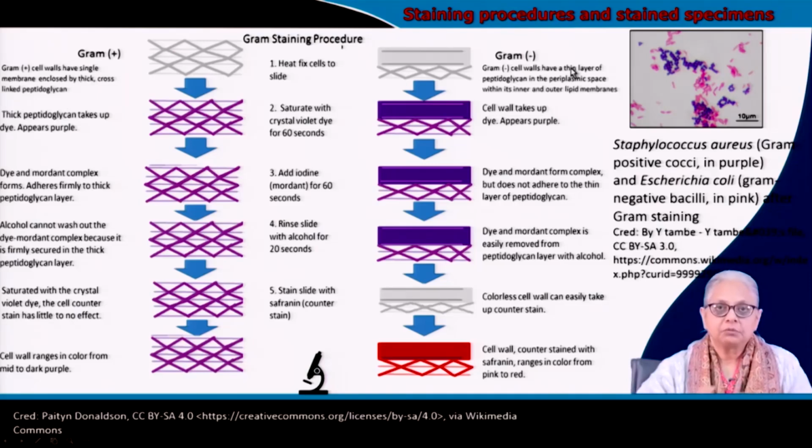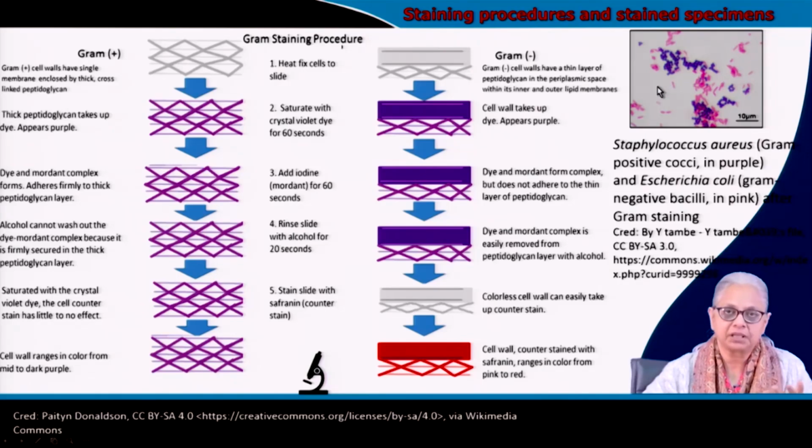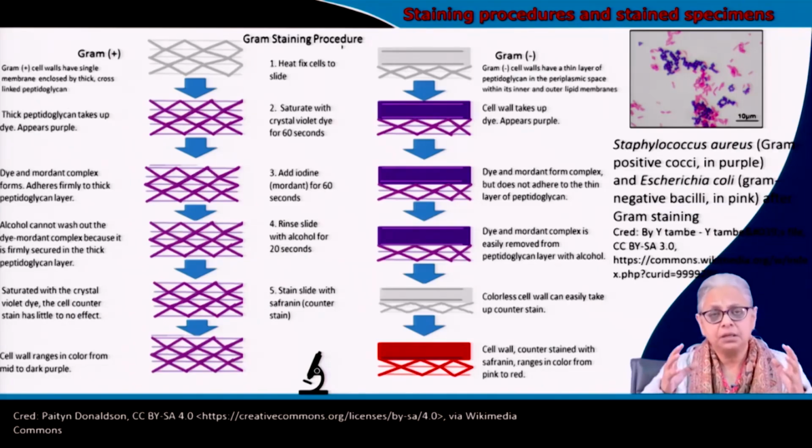Here we have the gram staining procedure, and there is an example of the specimens after they have been stained. You can take any sample: a water sample, river water, pond water, river wastewater, anything. There will be a mixed population of bacteria in any natural water sample.